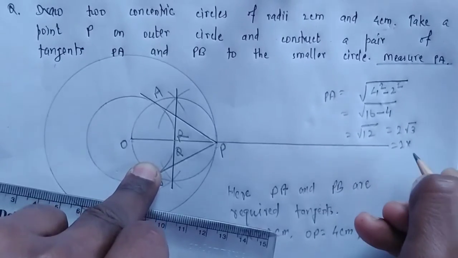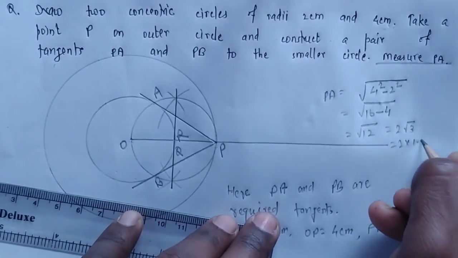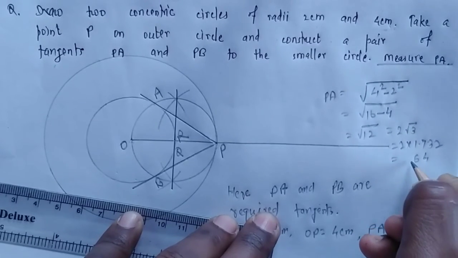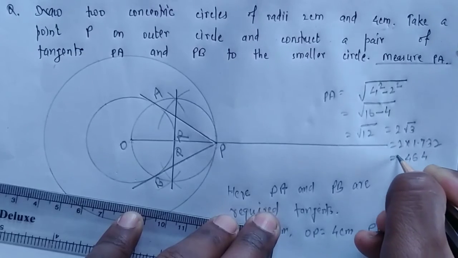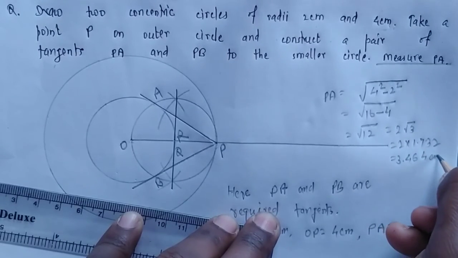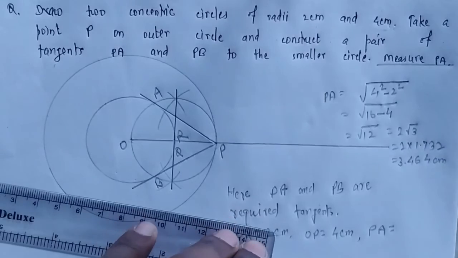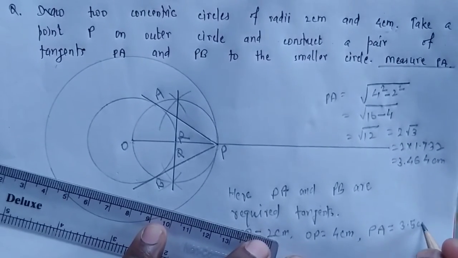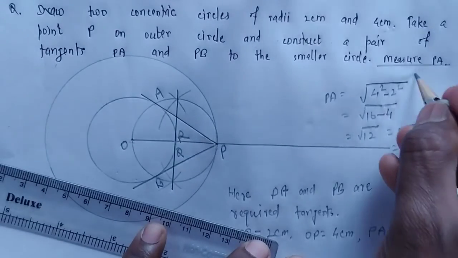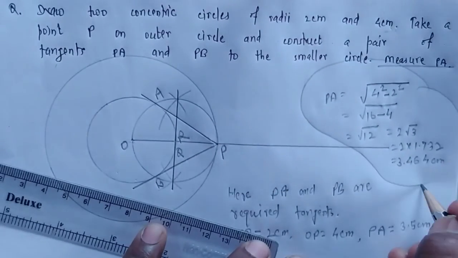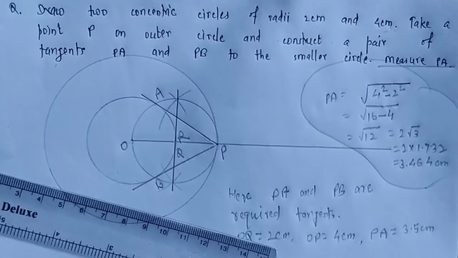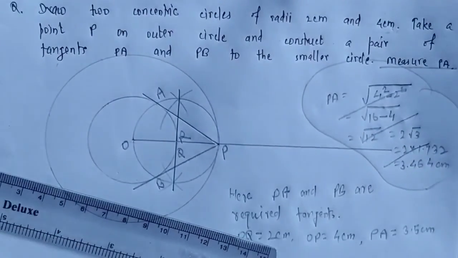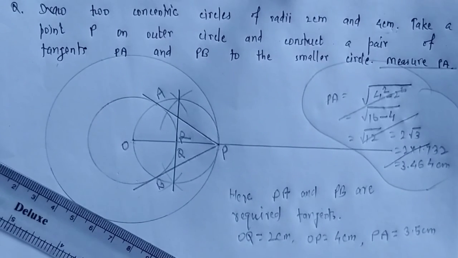You know that the value of root 3 is 1.732, and as you multiply 2 times 1.732, you get 3.464 centimeters. So you can write here PA is equal to 3.5 centimeters. You must remember that this calculation must be done on the rough page, not here. Okay, thank you.